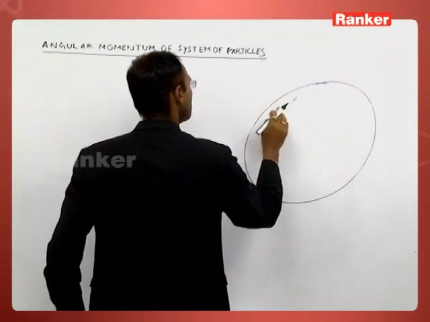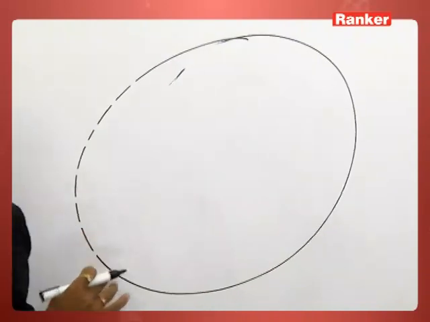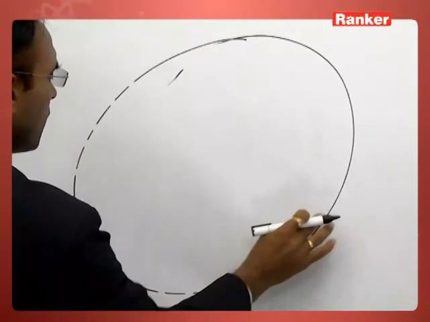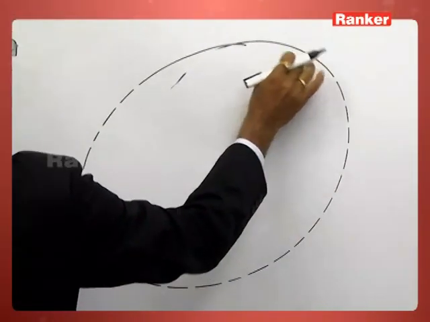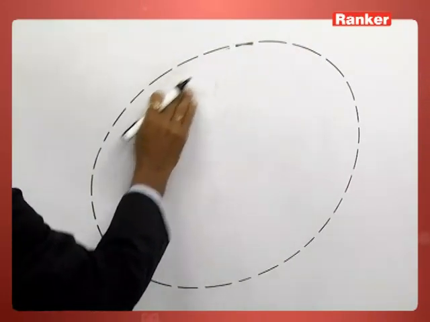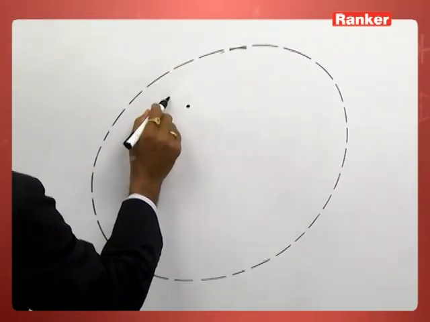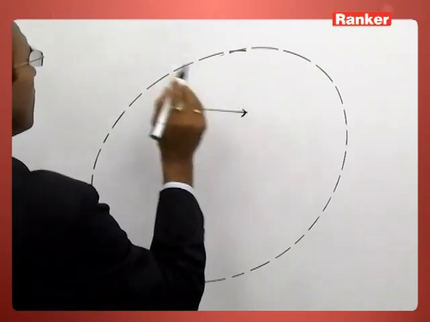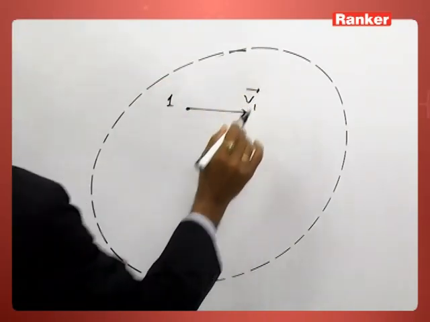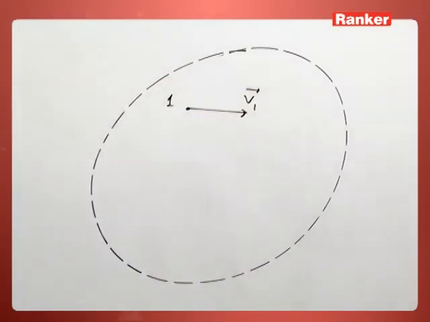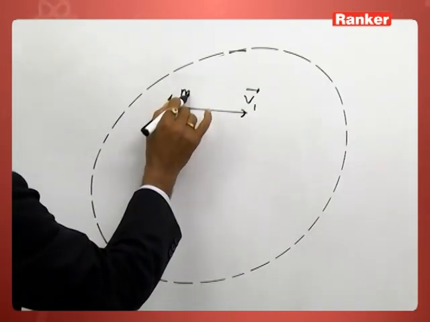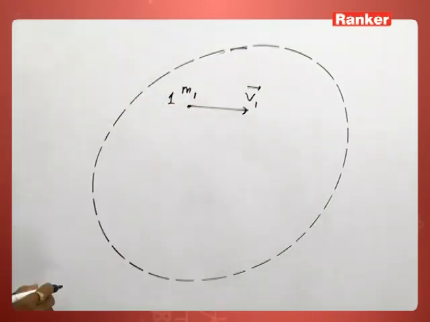Suppose it is a system of n number of particles. Particle 1 moves with velocity v1. It has mass m1.